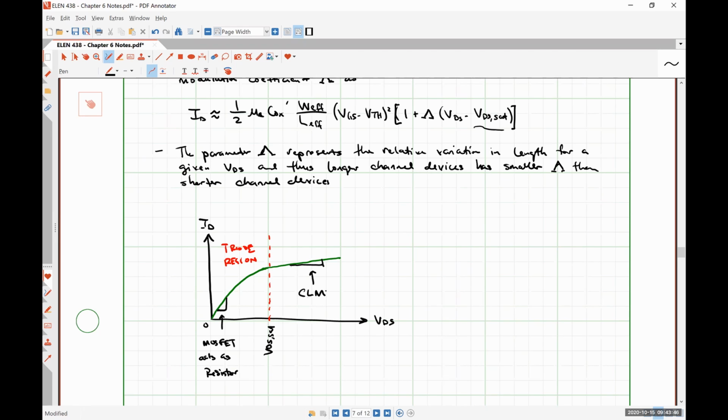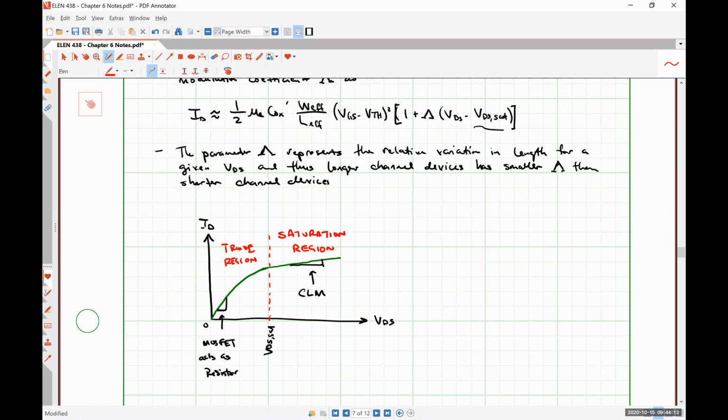So with a very, very long channel device, the relative ratio is going to be pretty small, and so we should see that our saturation current is effectively constant. But the shorter channel that we have, the more pronounced the effects of channel length modulation will be.